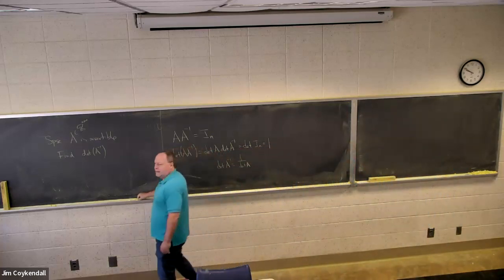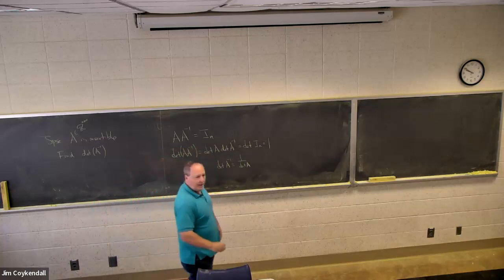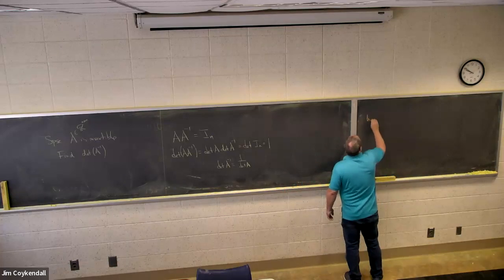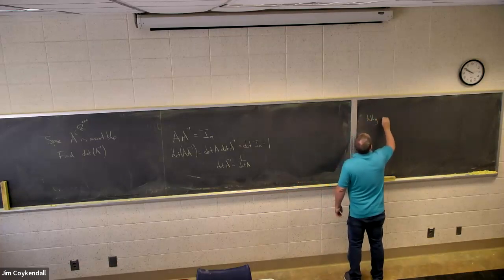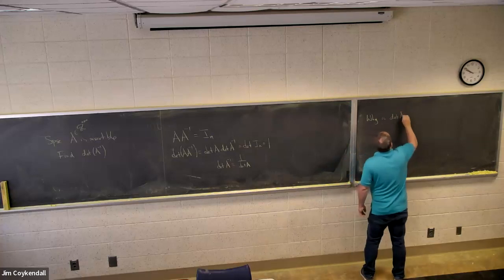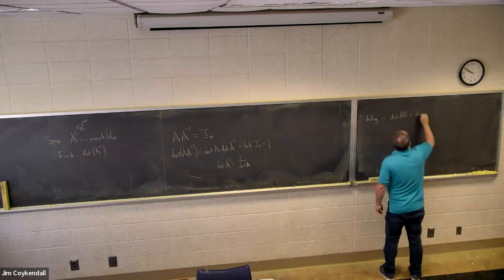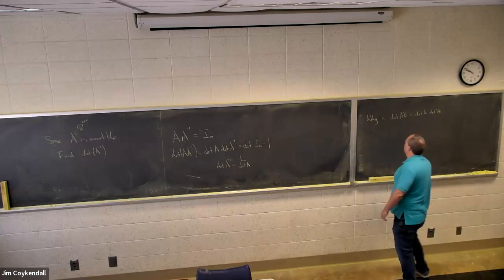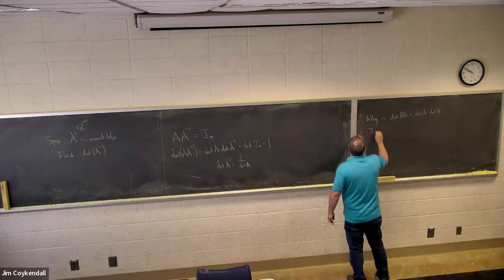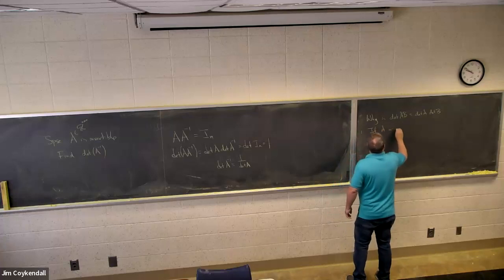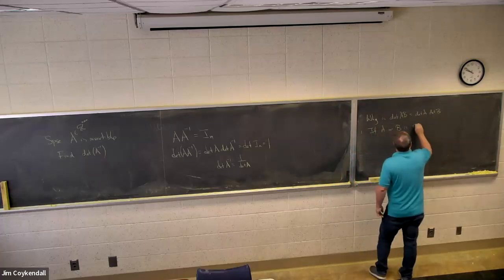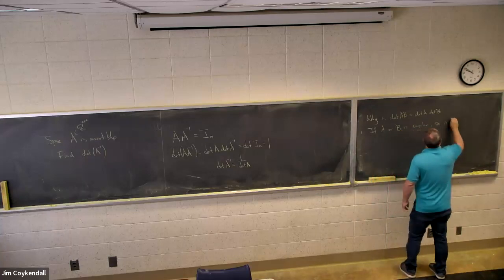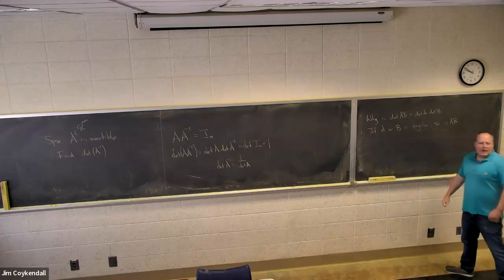Okay, so I want to give you an idea of why that determinant product is true. Why is the determinant of AB equal to the determinant of A times the determinant of B? Well, number one, if A or B is singular, so yes, this is something that we have from earlier.